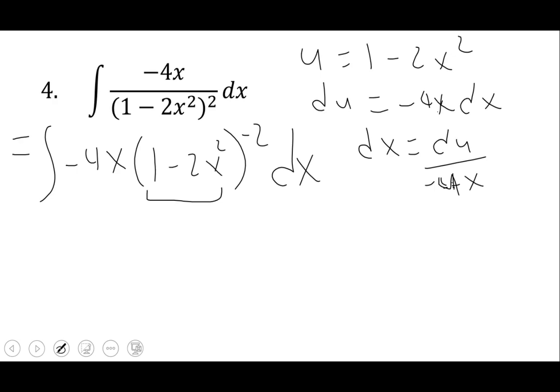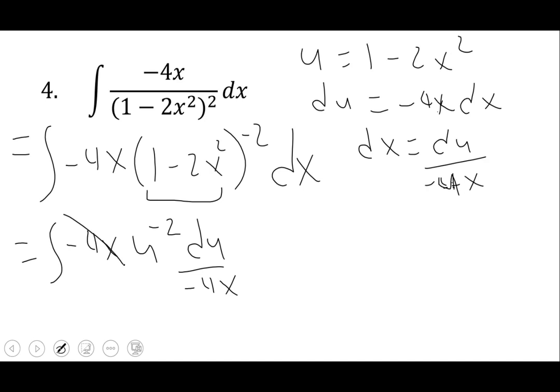Okay, so now we are going to rewrite this problem as the integration of, leave the original negative 4x, change it into u to the negative 2. Dx is equal to du over negative 4x. And then go ahead and simplify.